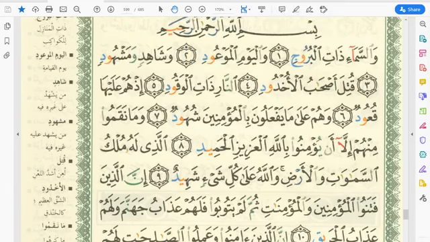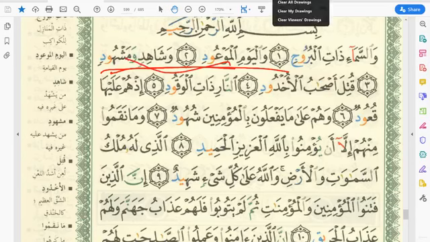But if you're continuing, this does not become the big qalqala anymore, and it becomes the smaller qalqala. The big qalqala is only going to be if you're stopping and it happens to be the last letter. The little qalqala is going to be if you're continuing, whether continuing in a word or continuing in a sentence. So let's see the difference if I were to continue. Let's see how it's going to be.